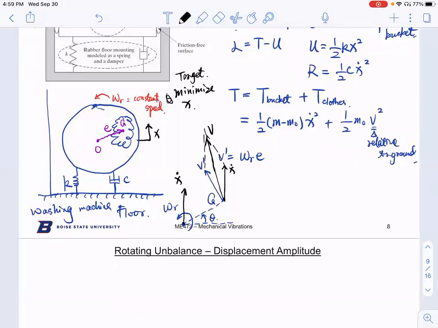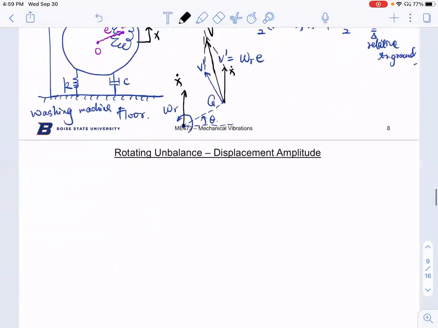So how to calculate that? Let me write it out so you're going to see it more clearly. That's your v prime. That's your x dot. This angle is theta, and this is perpendicular. According to the geometry relationship, this angle is going to be theta, right?